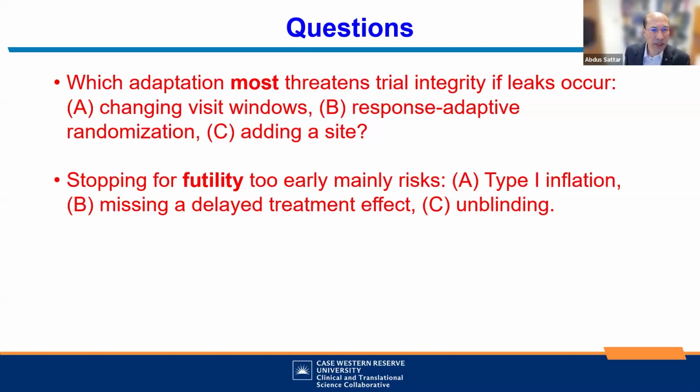So the answer to the first question should be B, response adaptive randomization.